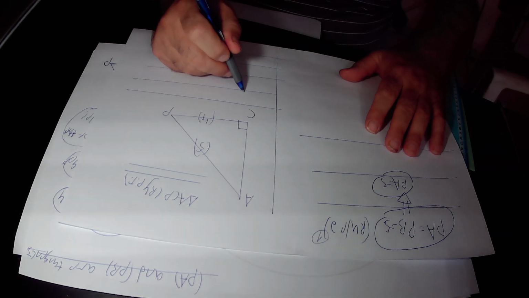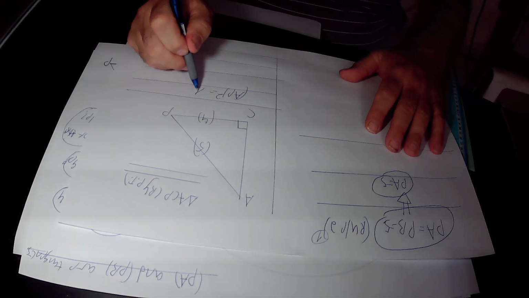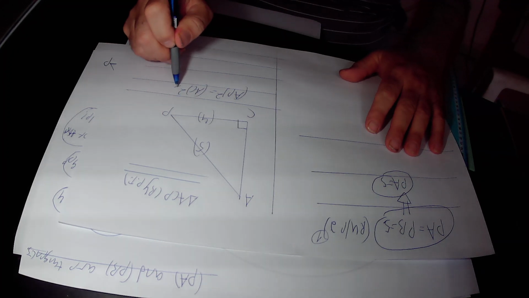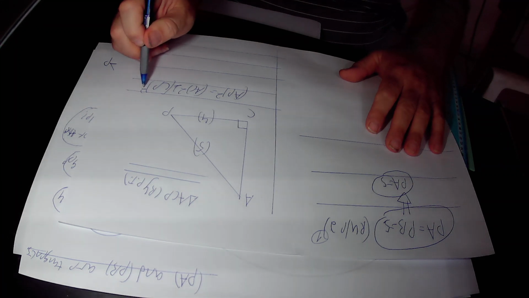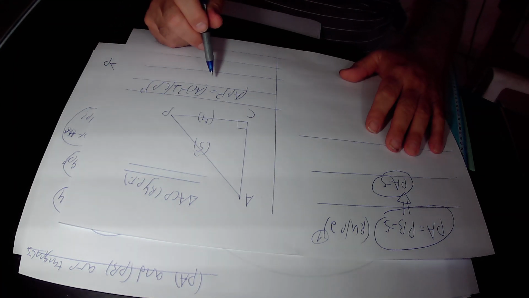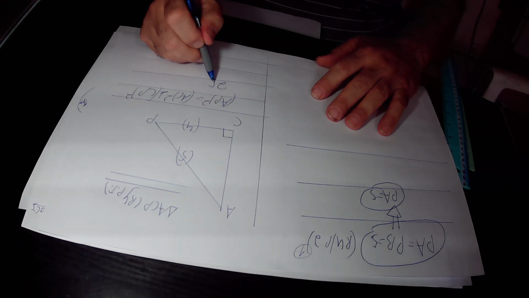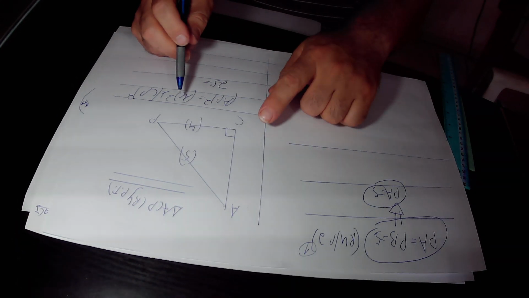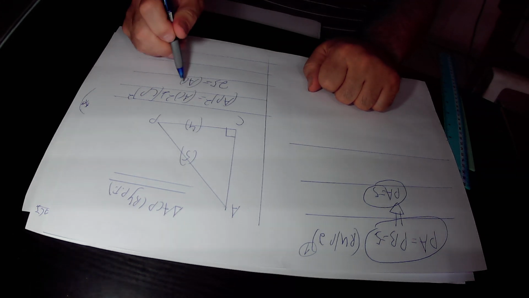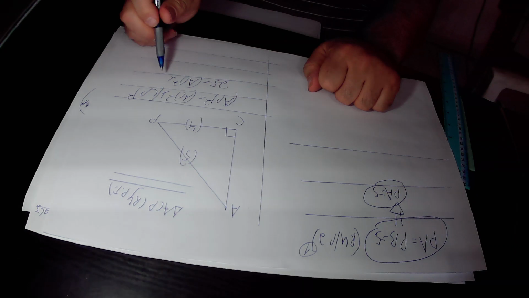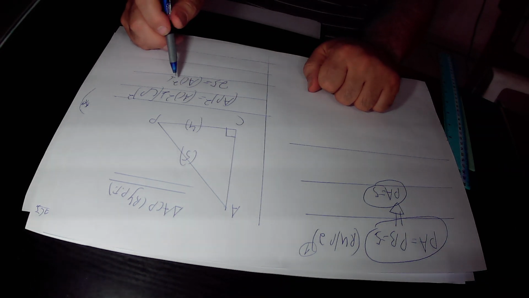The hypotenuse AP is 5, therefore the square of the hypotenuse is 5 squared, that is 25, and it is equal to AC squared, where AC is the missing side, plus CP squared. CP is 4, therefore CP squared is 4 squared, that is 16.